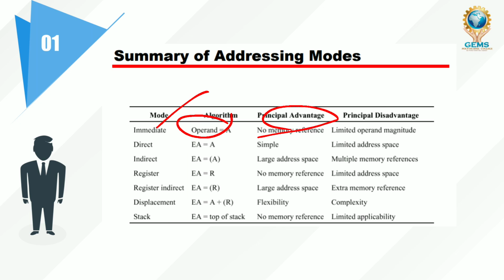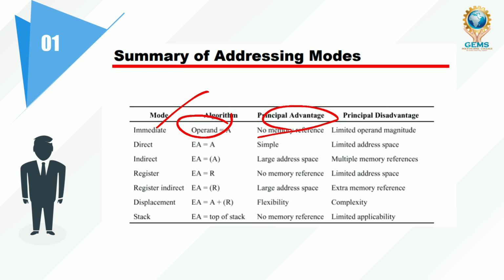Register: no memory reference, because the register is not memory. Indirect: A equal to R, large address space, because we have to travel a lot, so a lot of address space is needed to store. Displacement: A equal to A plus R, flexibility, complexity. And stack: top of the stack, no memory reference, limited accessibility.